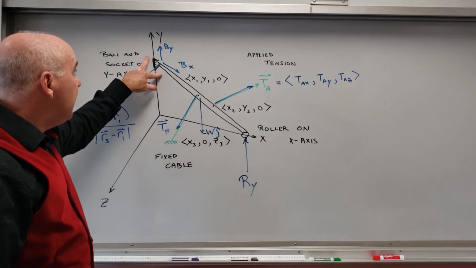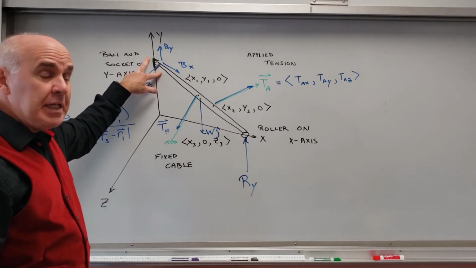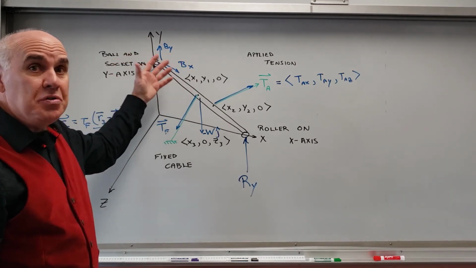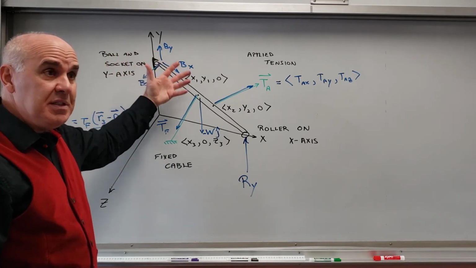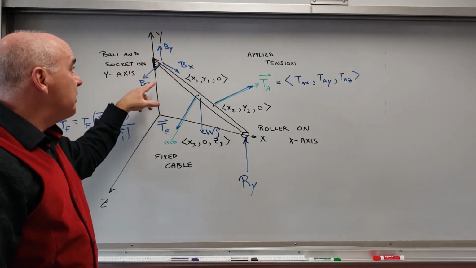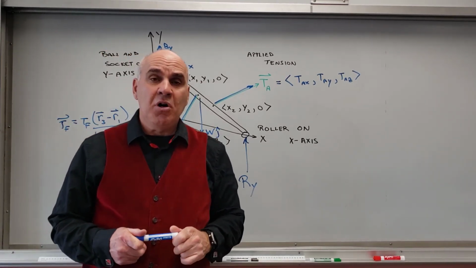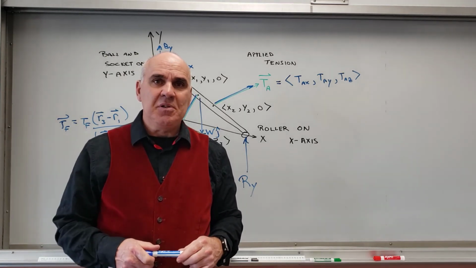And then this is a normal force due to the ball and socket acting on the bar. It has an unknown direction, because it can be in any direction in XYZ space, so I break it down into its components. But we'll consider that to be a normal force due to the ball and socket. All right, if you have any questions, please leave them in the comments below. Thank you.